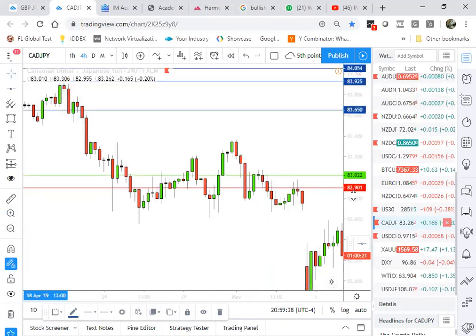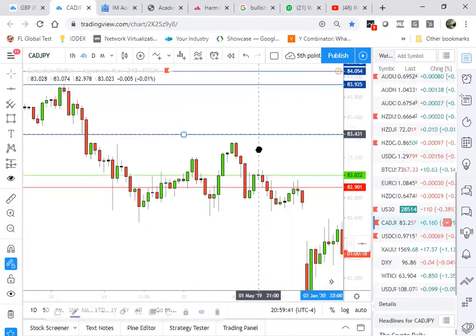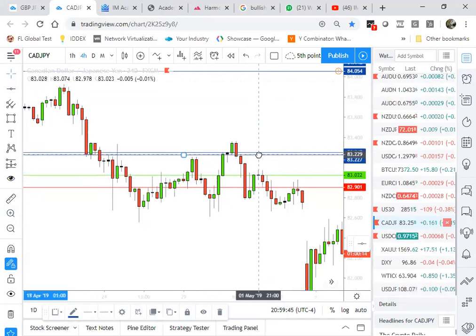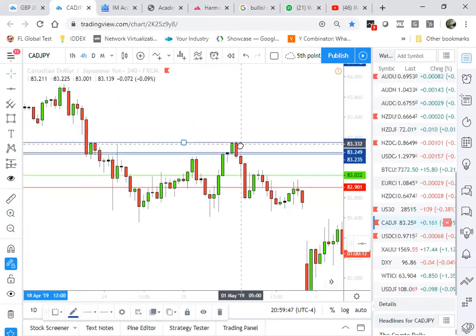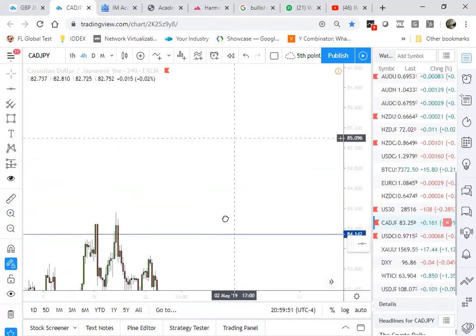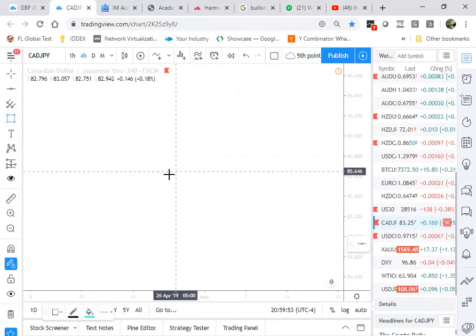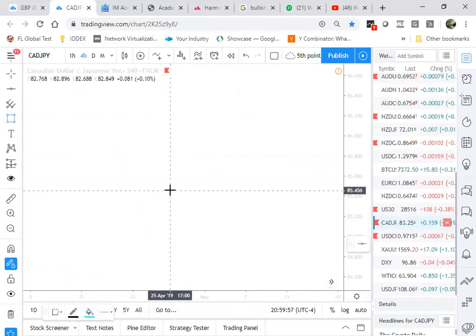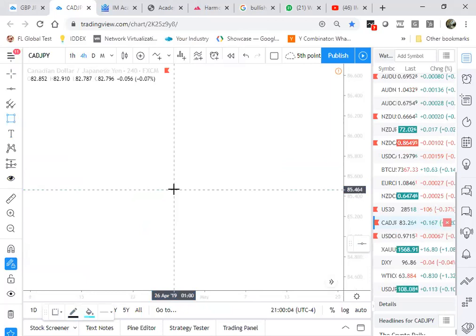Now let me explain what imbalance is. This candle here, we see some imbalance. So simply put, big institutions like big banks and hedge funds manipulate the market. The retail traders don't have much power to move the market.